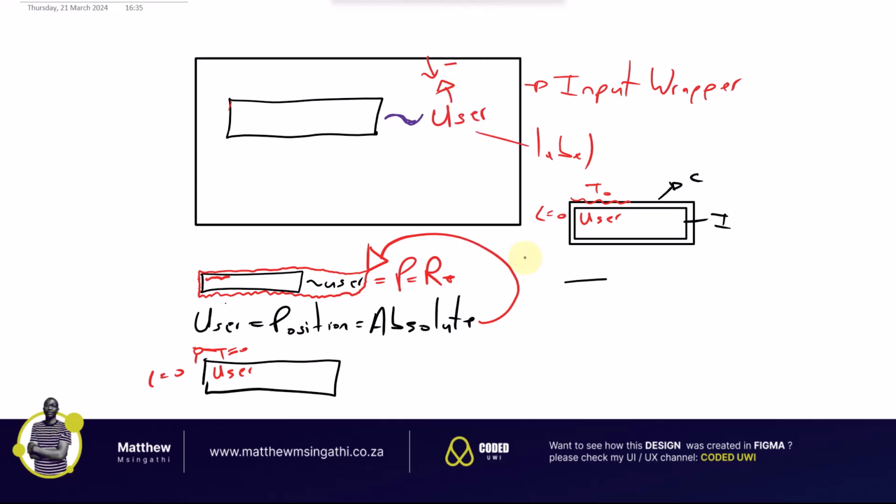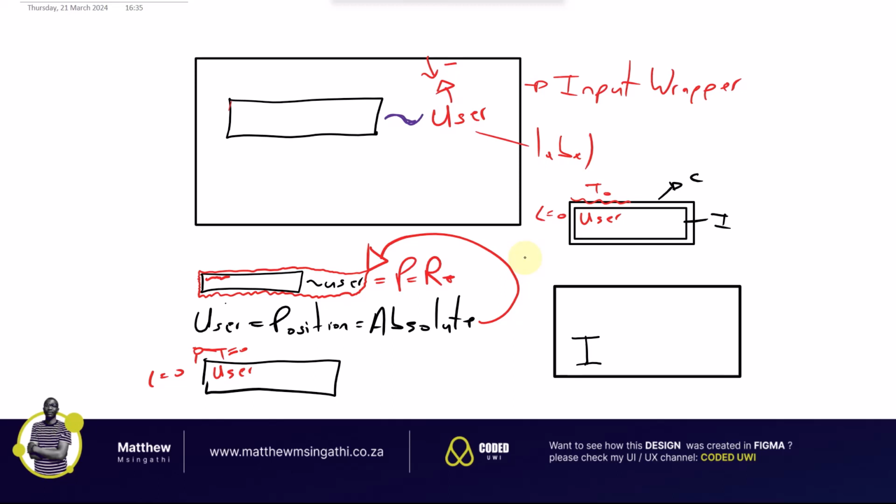When somebody clicks here, let me put it, I think this can be bigger, okay? This can be bigger. When somebody clicks here, that means this gets focus. I think this is more like a cursor thing, okay?